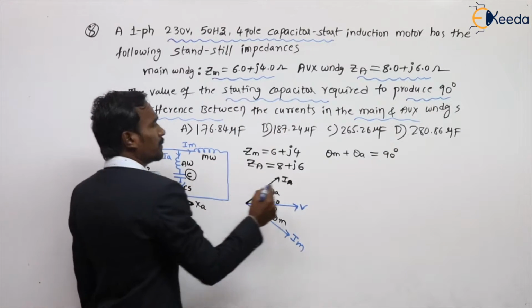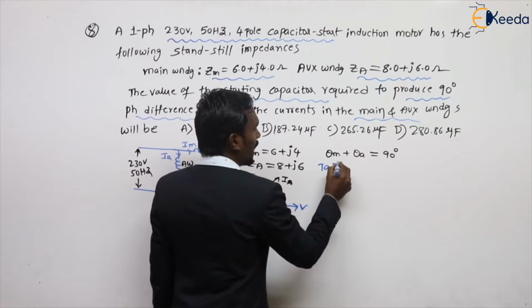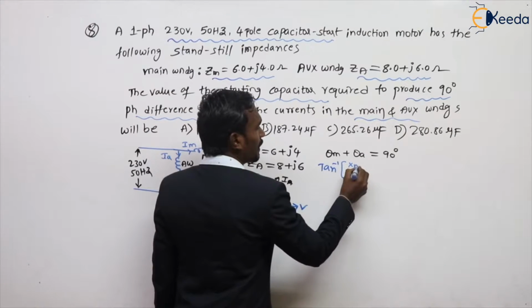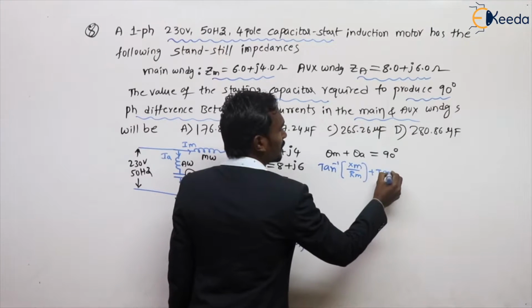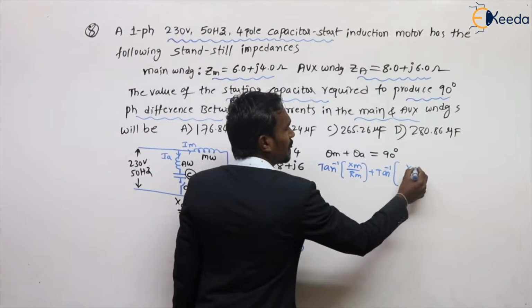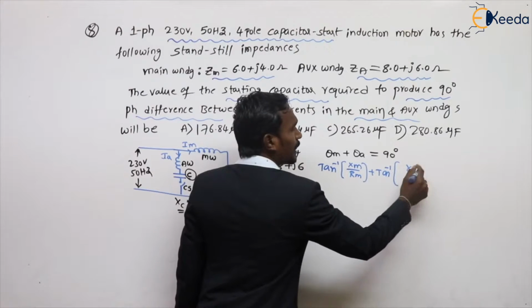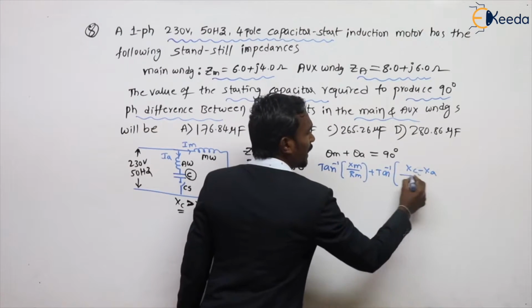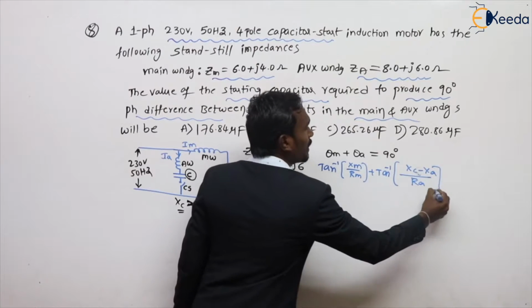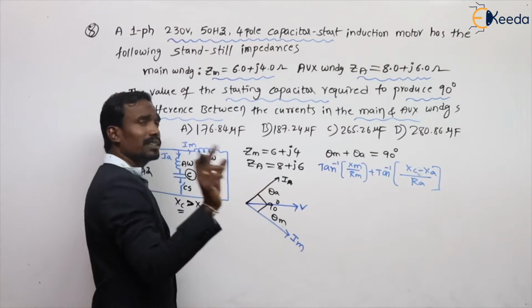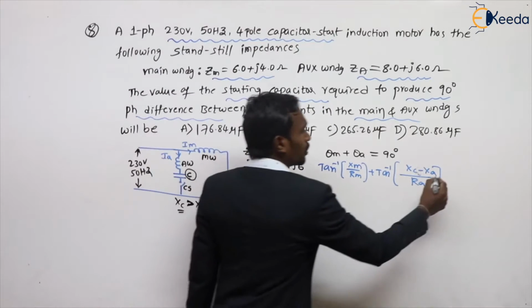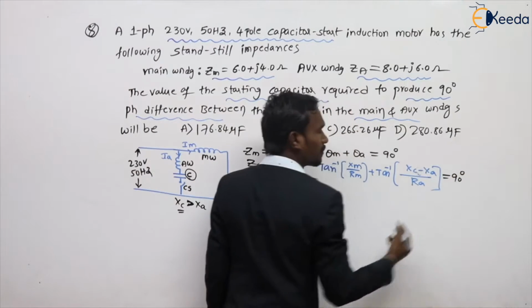Theta M is the tan inverse of Xm by Rm, plus theta A is the tan inverse of (Xc minus Xa) by Ra. Then only 90 degrees is possible.